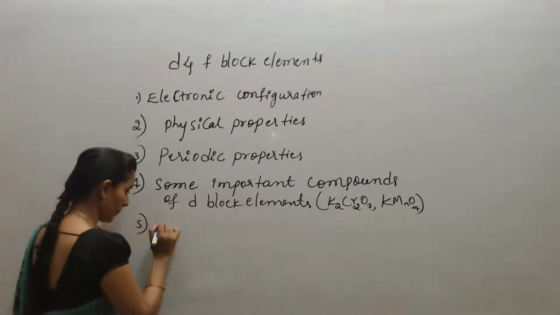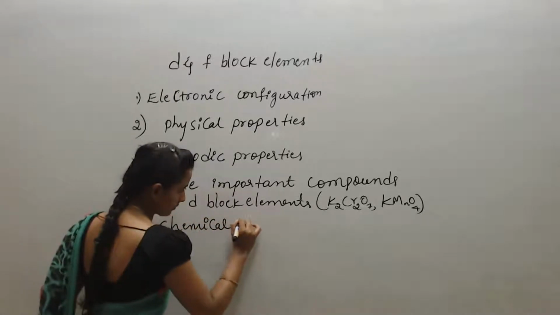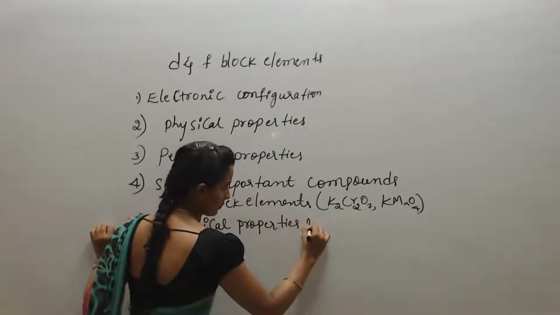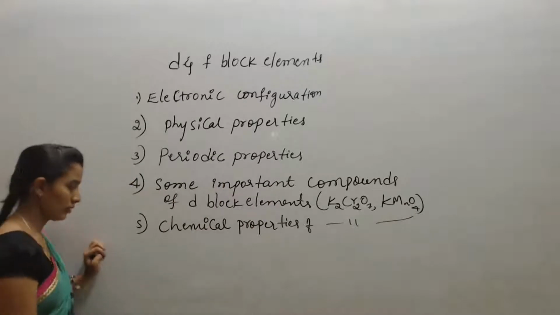Next, the fifth one, chemical properties of these two, K2Cr2O7 and KMnO4.